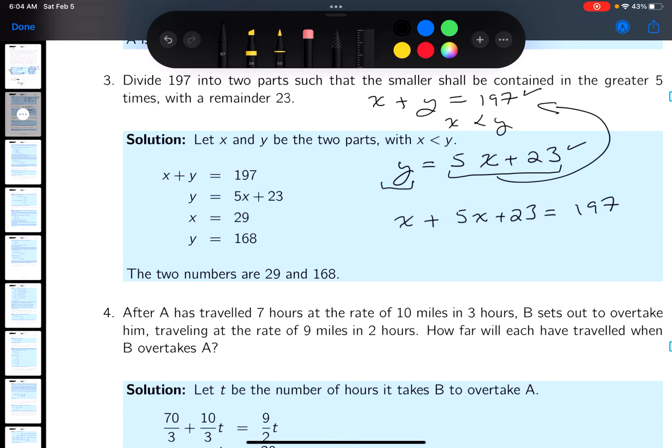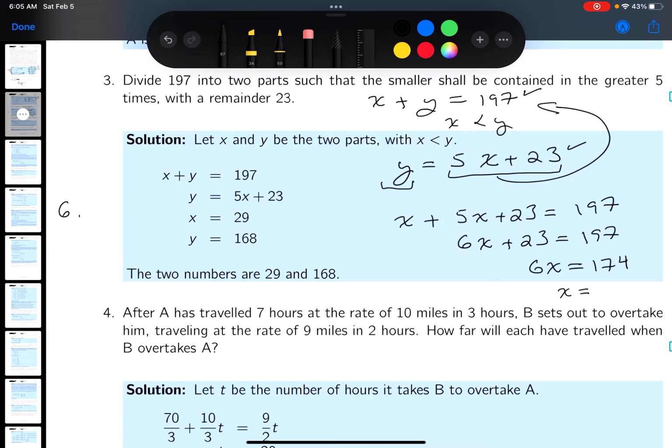You get 6x plus 23 equals 197. Then 6x equals, well, I have to do a subtraction, so 174. Now x goes in. Let's see, I've got to divide 6 into 174, right?